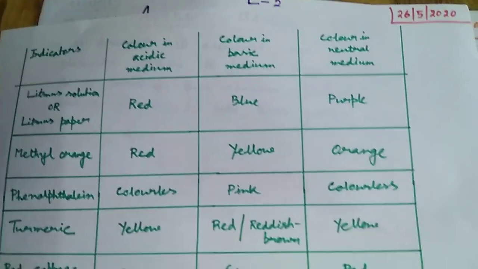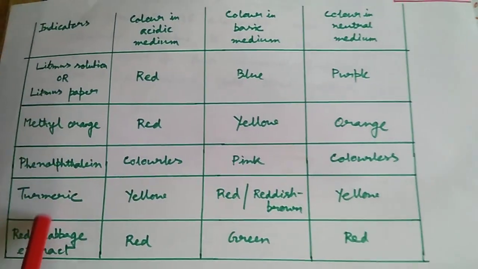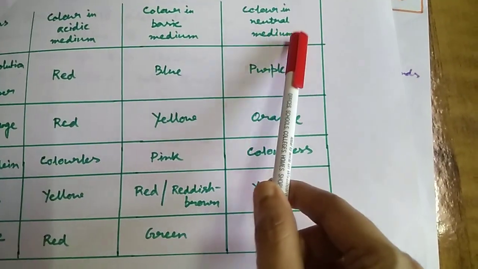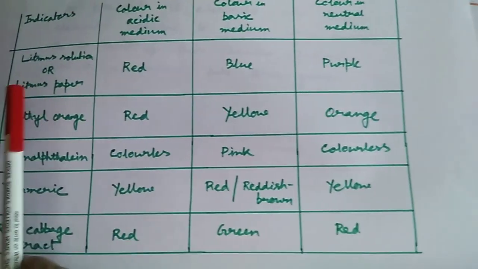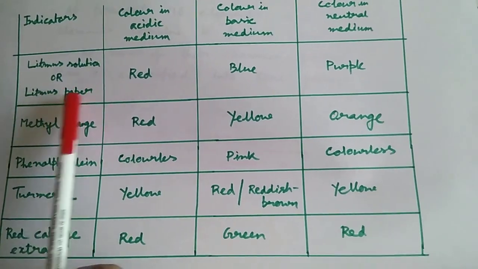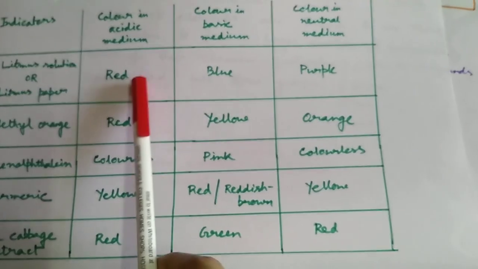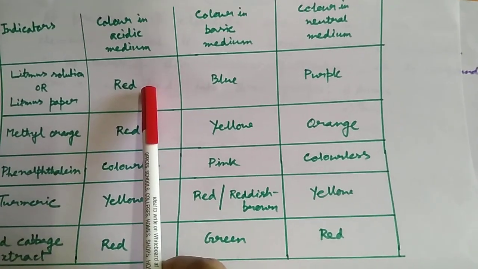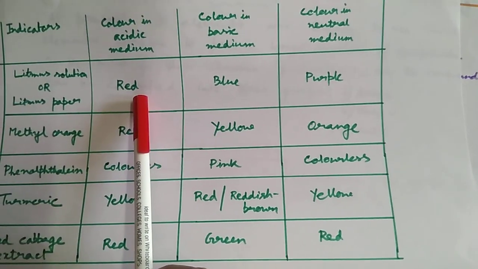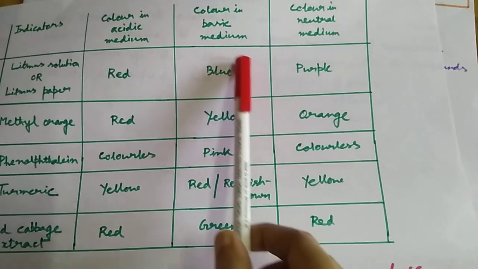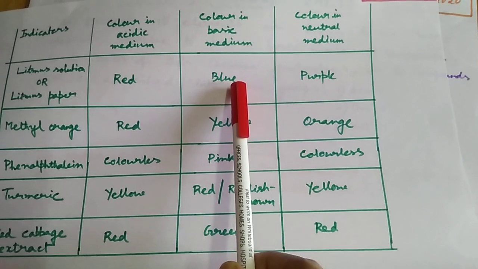Let's see the different color changes of these five indicators in acidic medium, basic medium and neutral medium. Litmus solution or litmus paper, in neutral they have purple color. When they come in contact with acidic medium, they turn red. If they come in contact with a basic substance, they turn blue.